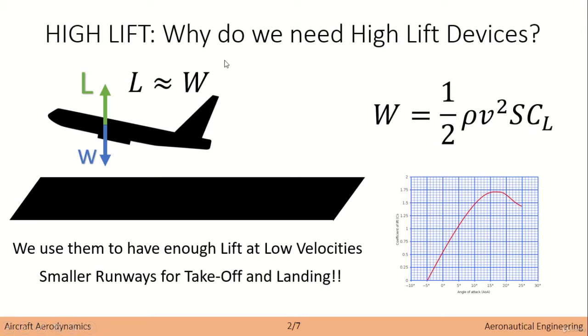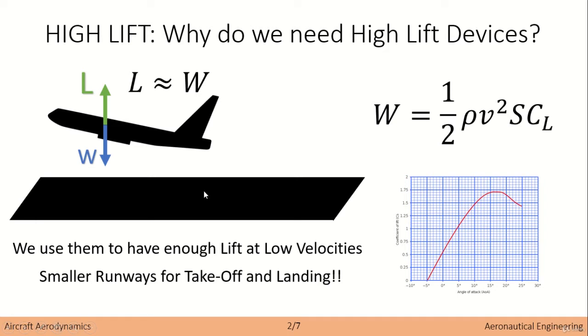So high lift devices will actually increase the coefficient of lift. Right? This is what you need to know. We will have an increased coefficient of lift so that we can lift off and take off at relatively small velocities. And why is that?